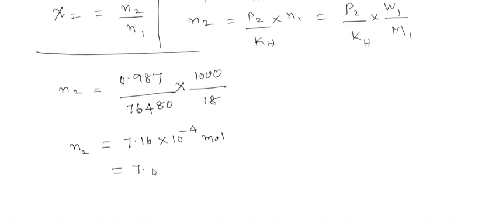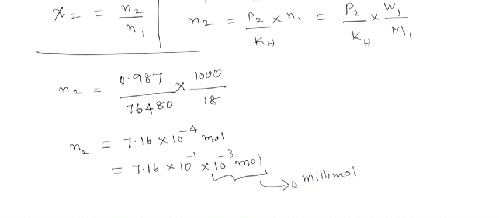That is 7.16 into 10 power minus 1 into 10 power minus 3 mole, and this unit can be called 1 millimole.